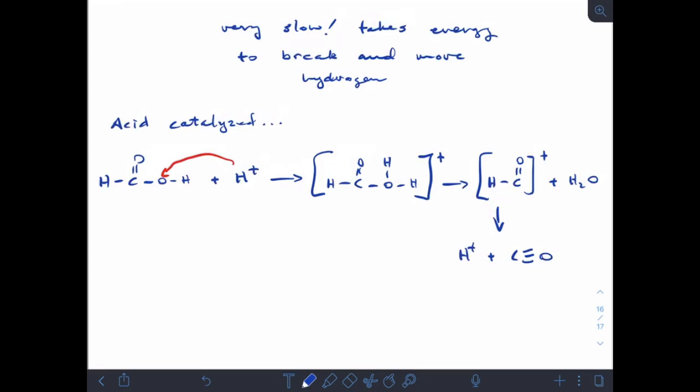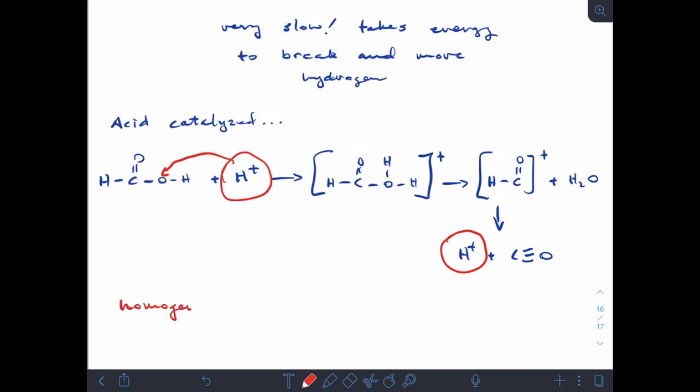Okay, notice we have hydrogen ions in the reactant, and then after the reaction is completely done, we get our hydrogen ions back. Okay, so the hydrogen ions sort of help the reaction along, but whatever catalyst we put in, we'll get the catalyst back out at the end. Okay, and this is homogeneous catalysis, because it's all taking place in solution.